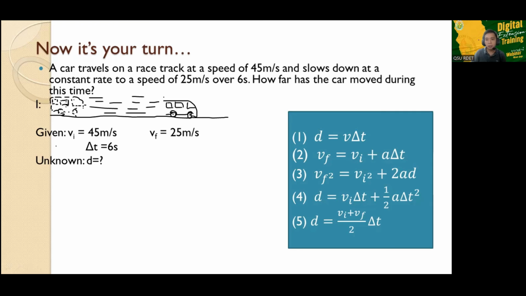If all of these are given, then can we use this equation? Definitely yes. So the equation to be used in solving this problem is equation number 5: D is equal to (VI plus VF) all over 2 multiplied by delta T.